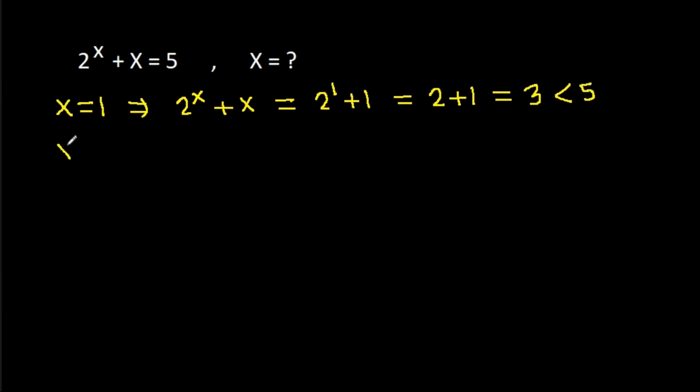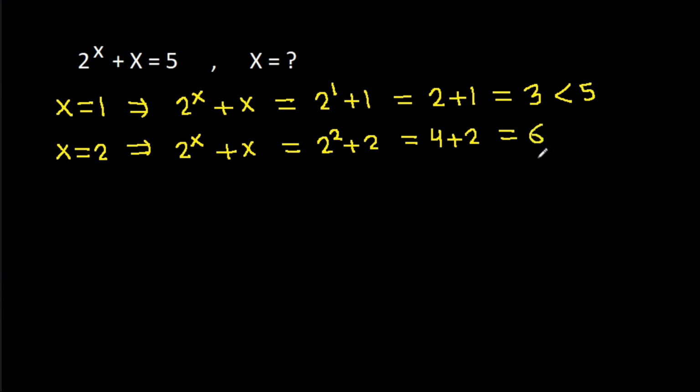If we check at x = 2, then 2^x + x will be 2^2 + 2, that is 4 + 2, that is 6, and 6 is greater than 5, and 2^x + x is an increasing function.